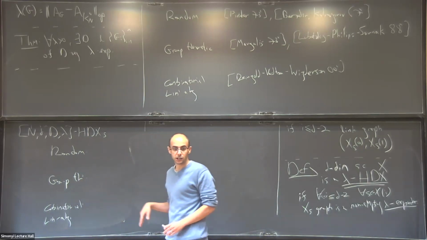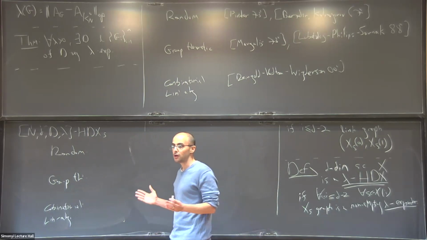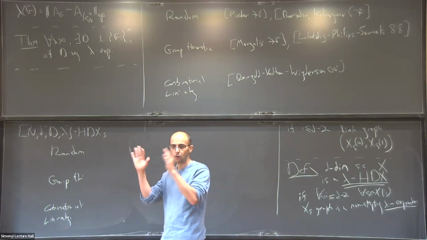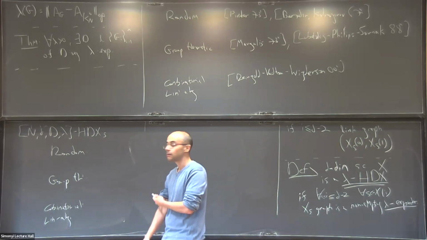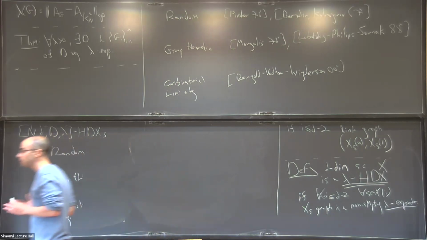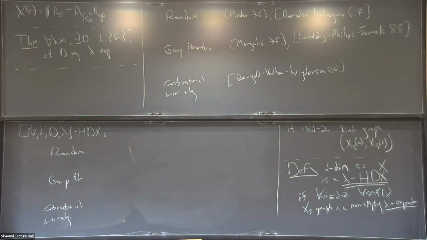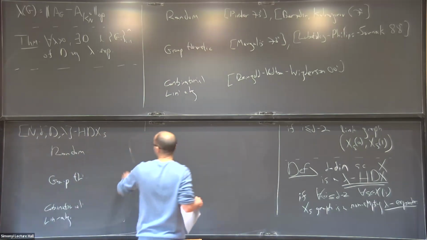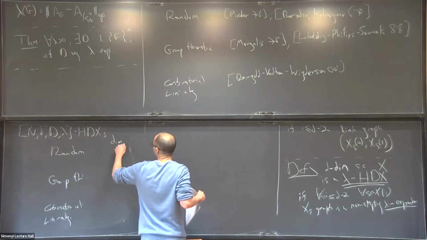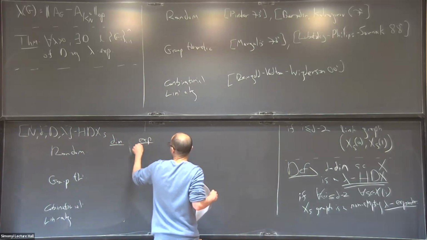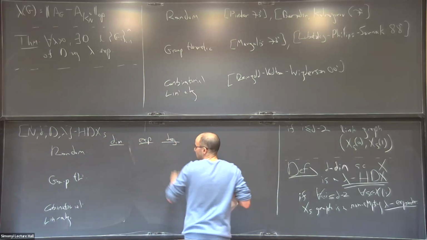Group theoretic constructions, as I said before, take this paradigm of quotienting some infinite object, and in fact we know today of another source of these things that you can think about slightly differently. Here, maybe I will do a table with dimension, expansion, and degree.